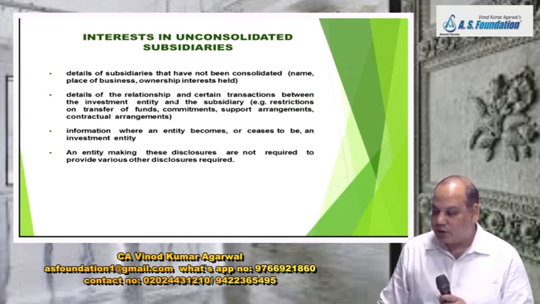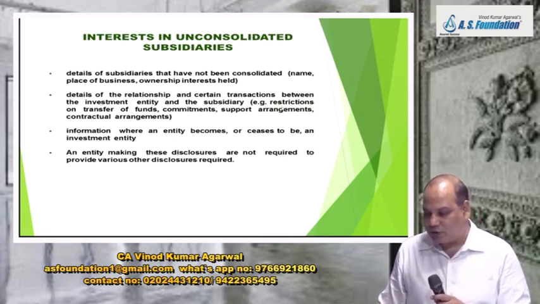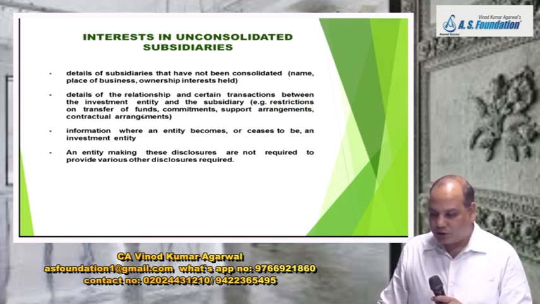Then detail of the relationship and the certain transaction between investment entity and subsidiary. So what are the disclosures you will give under this detail of relationship and certain transaction? Example I have written, restriction on transfer of funds, commitment, support arrangement, or any contractual arrangement.